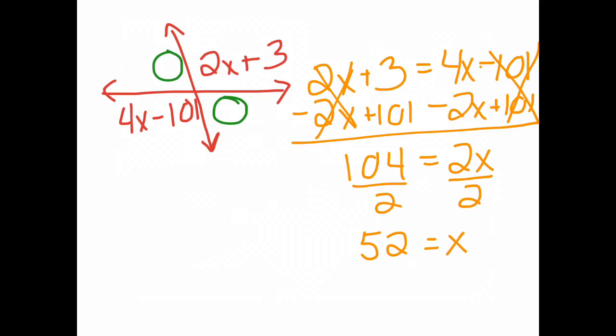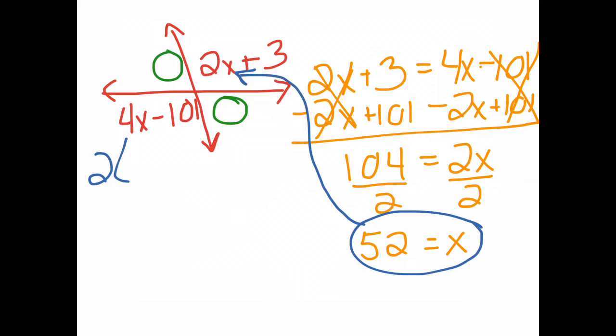Remember, in geometry, it's important to pay attention to what they're asking you for. So I'm going to take this 52, and you can plug it in for either x. I'll plug it in for this one here. And I have 2 times 52 instead of 2 times x, plus 3. And then we just use arithmetic. And when we do, we will get that our vertical angles here are 107 degrees each. But remember, we aren't looking for the 2x plus 3 and the 4x minus 101.